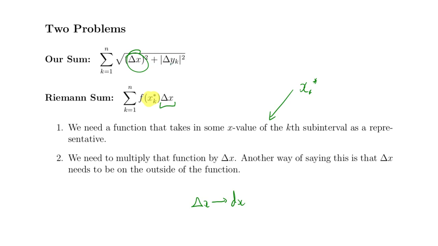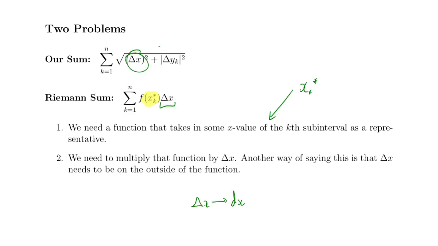These delta x's and delta y's are both functions of two x values because we're looking at a difference between x values and a difference between function outputs at those x values. So this is a problem. We need to come up with some way of converting this over to a Riemann sum, a function that takes in one x value from our subinterval somewhere, multiply that by delta x.